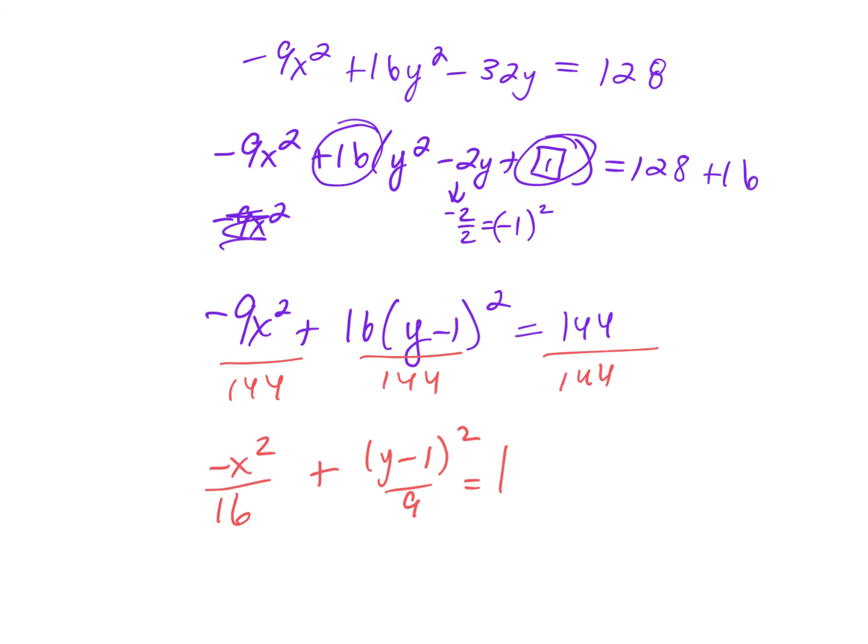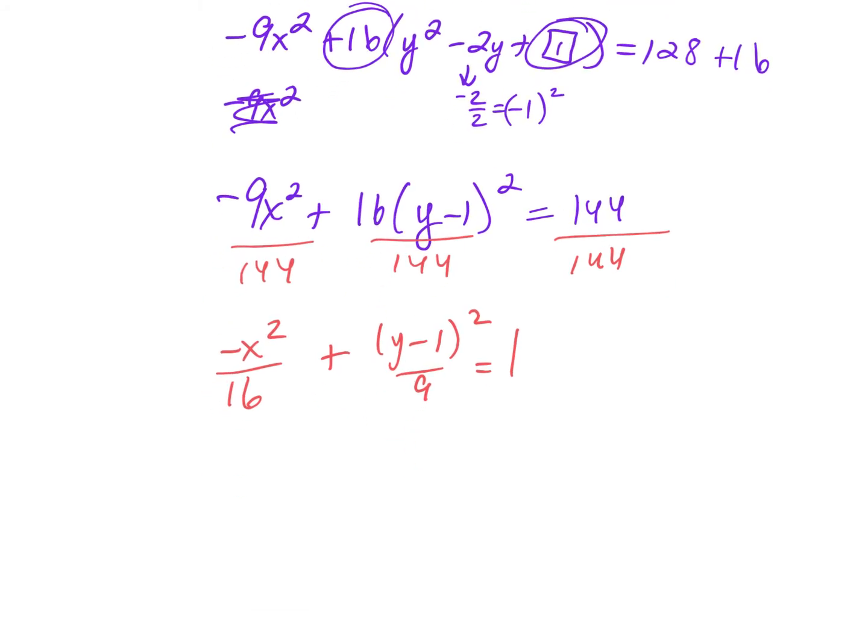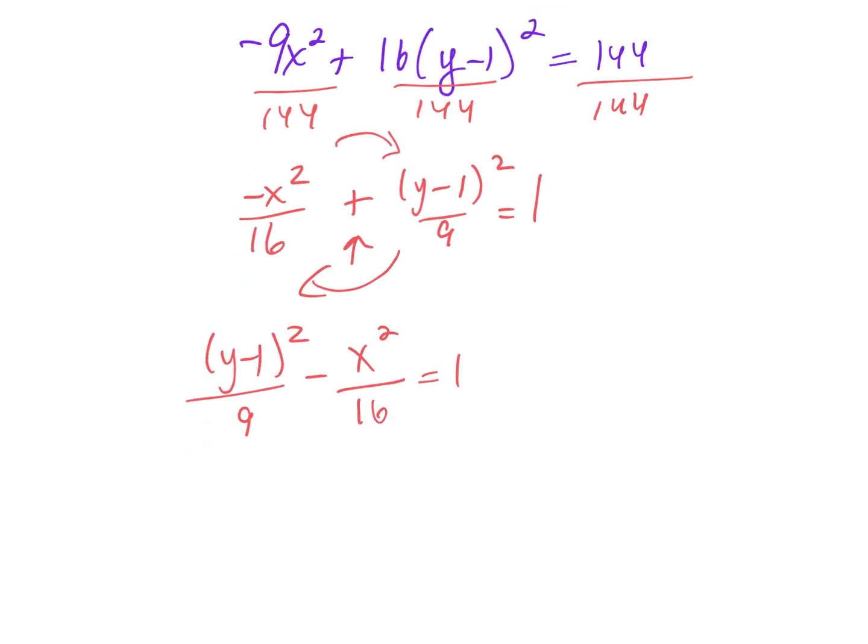Is this a hyperbola in standard form? No. I got to switch it, right? I should have a positive in front of the first term, correct? So if I switch these two, I have (y minus 1) squared over 9 minus x squared over 16 equals 1. What kind of a hyperbola is this one?